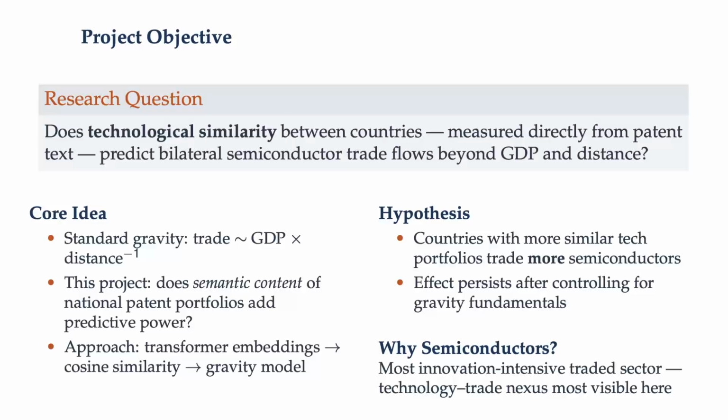On top of that, we have lots of features to put in the regression model. So I needed to pin down given my computing power to get decent results. But in other words, semiconductors are the most innovation-intensive trade sector, so technology similarity means a little bit more relative to other industries.